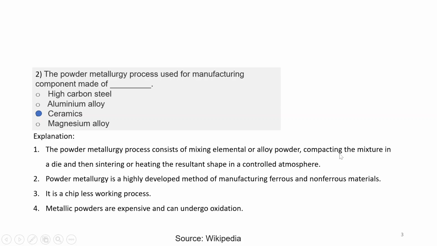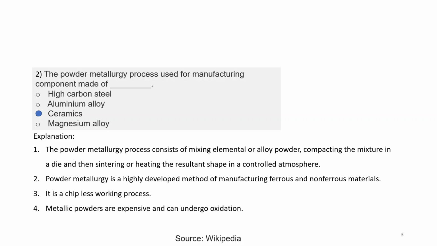Then you compact this mixture in a die using pressure and heat, and then sintering. In sintering, you heat the resultant shape in a controlled atmosphere, so there is no oxidation.